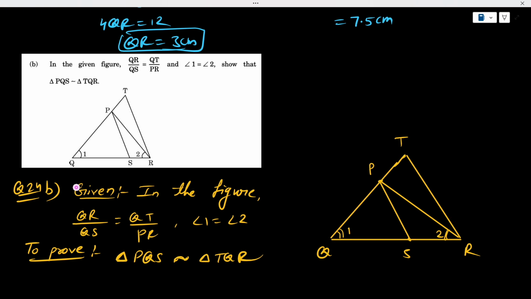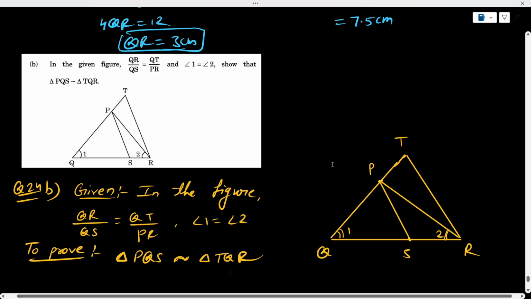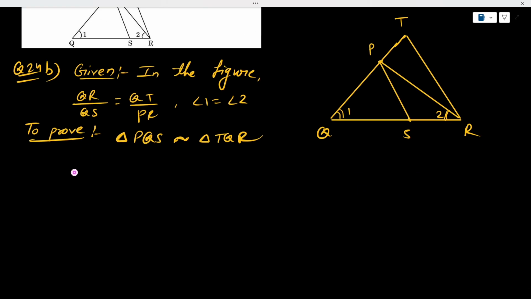Now, how are we going to do it here? You know that whenever we need to prove any similarity question, what are the similarity criteria? SAS, SSS, AA or AAA similarity. Now, the ratios are already given equal here. So, how are we going to do it? In the proof part, you can start with: in triangle PQR, it's given angle 1 is equal to angle 2.